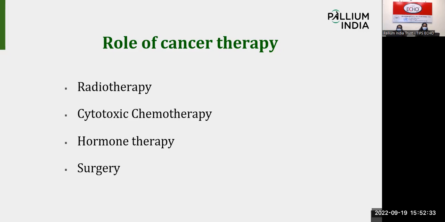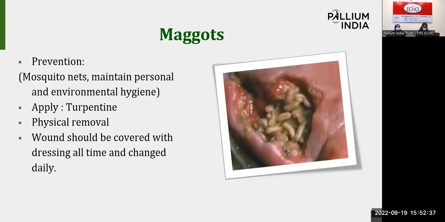Okay, thank you. The maggots, sir, come from flies, house flies. So this is very, very important. The patients don't know how maggots come, so you have to tell the patient about how maggots come.